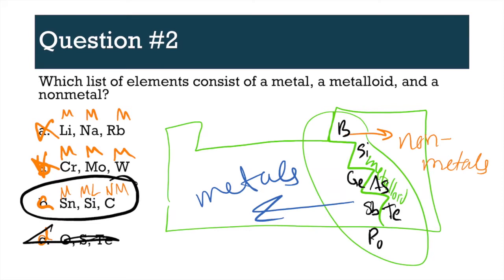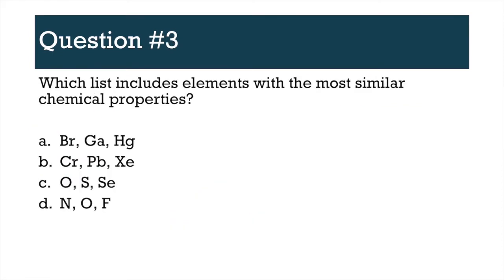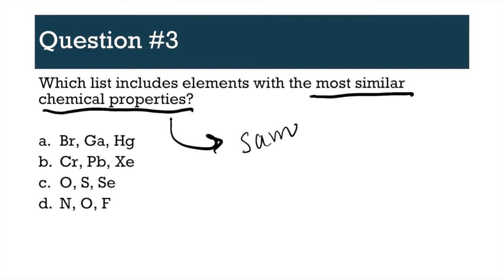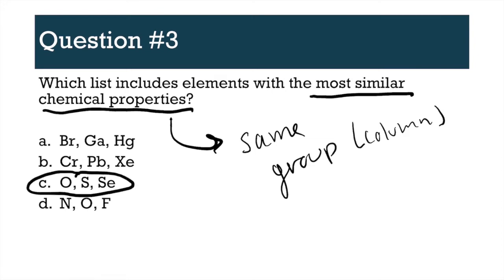Number 3 says which list includes elements with the most similar chemical properties. So these are elements that have to be in the same group or column. So the answer to this would be C, O, S, and Se.